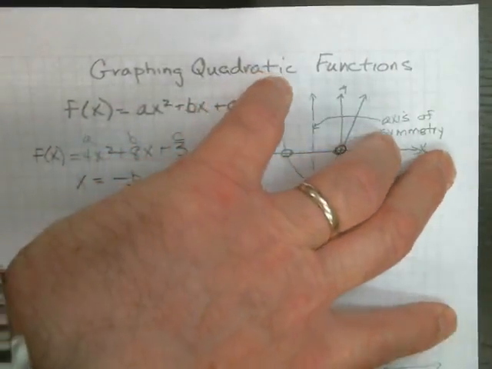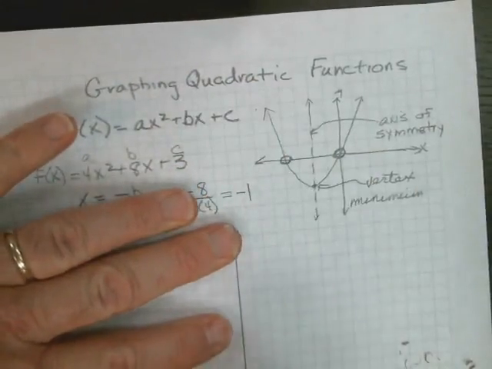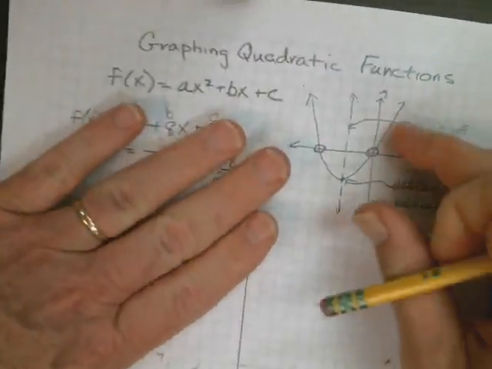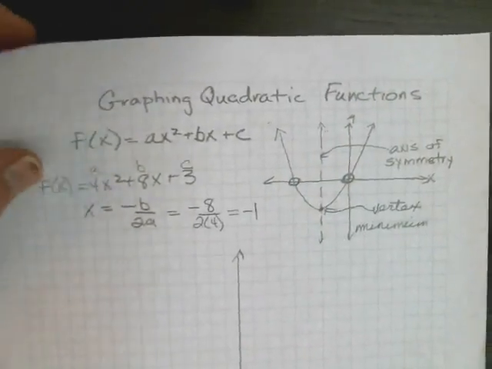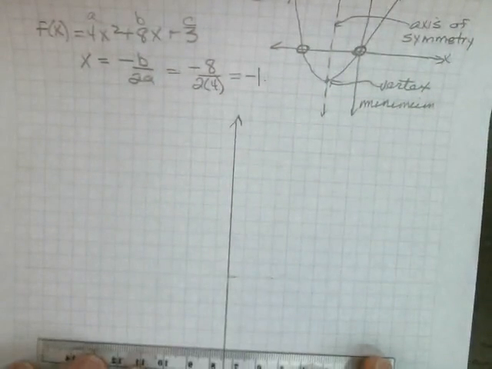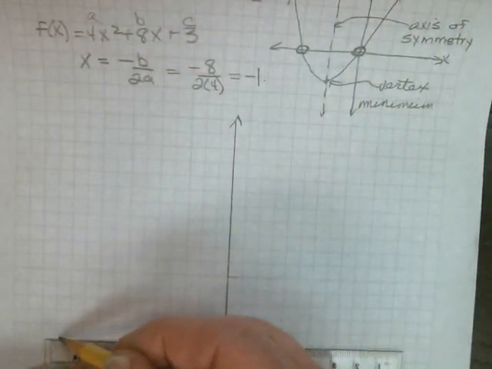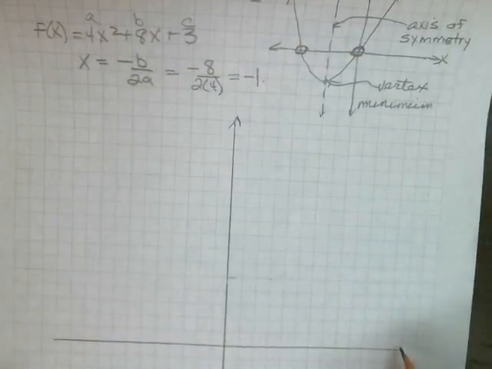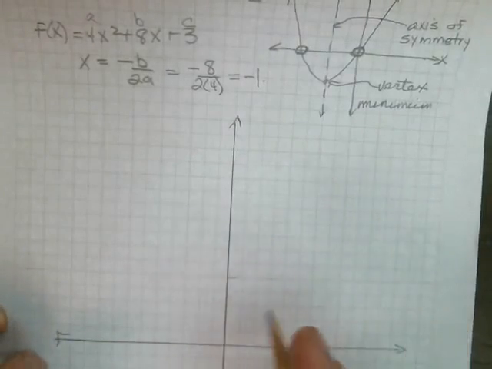So actually, I'm going to move this down because I actually know what this one's going to look like, and I need quite a bit of room. So I'm going to move my x-axis down a little bit. And I'm going to go here. And there we go.